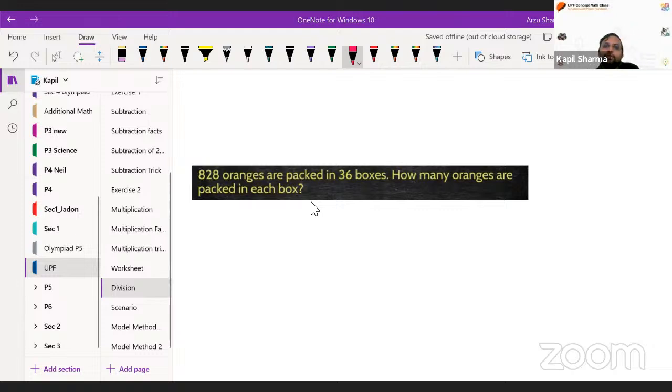How many oranges are packed in each box? Okay, Yashika, others? So we need to divide 828 by 36. Okay, Parth, Swastik, correct. Fine.